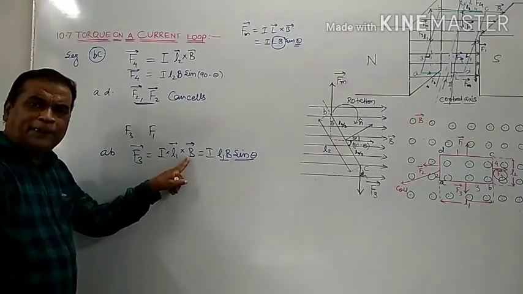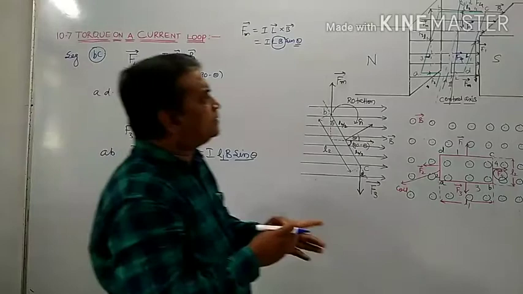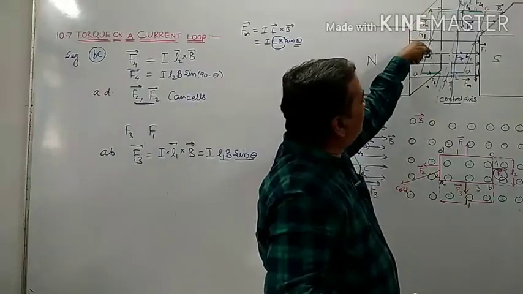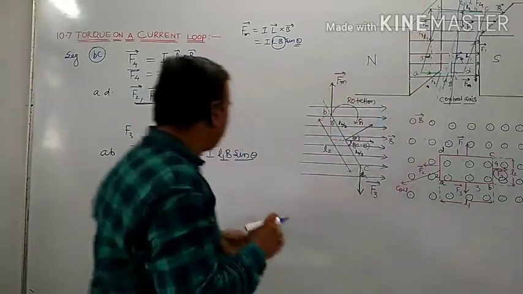Here L1 and B are at what? Right angle. The length of segment AB is perpendicular to the direction of the magnetic field.